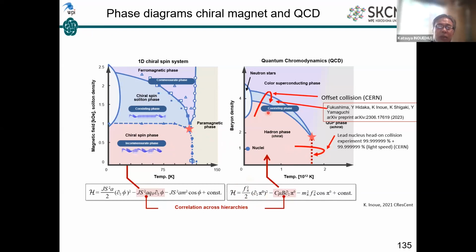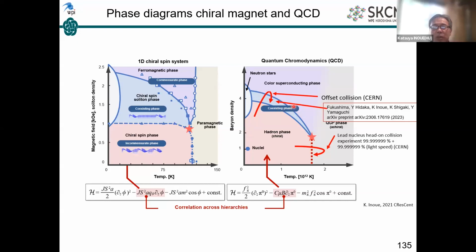And here they thought a coexisting phase exists. This is a first order transition line, and this one is a second order transition line. This is the same as our system.